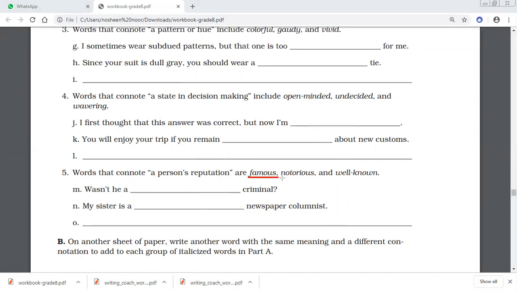But notorious is someone who is known by people, but in a bad way. Someone who is known for his bad deeds, for example, a criminal. A criminal is known by a lot of people, but he's not famous. He is notorious. But a celebrity, a singer, is famous for his talent.